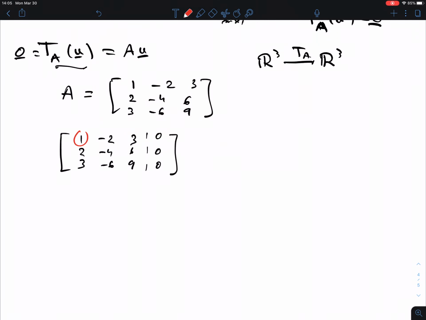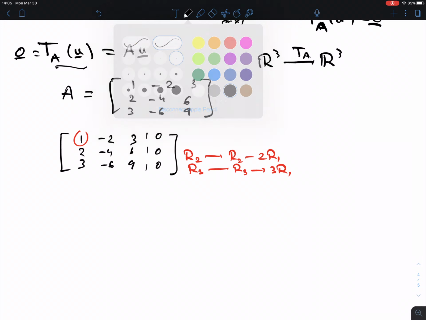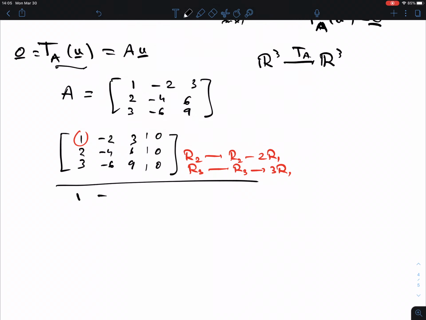This is our pivot, so I'm going to do row 2 minus 2 times row 1, and row 3 replace by this. What we get is 1, -2, 3, 0. -2 times that is 0. -2 times -2 is 4, plus -4 is 0.